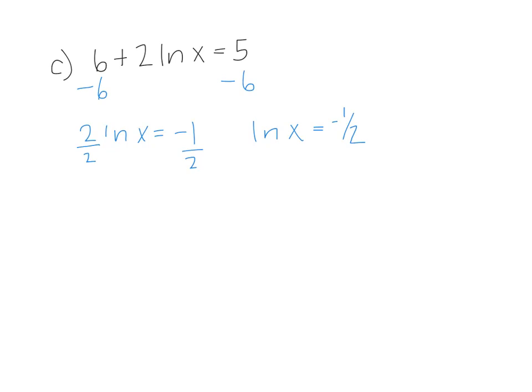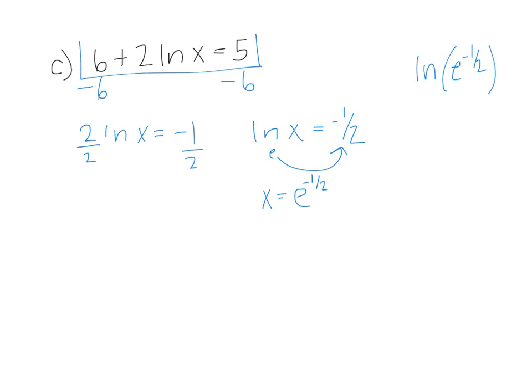Now it is okay that it equals a negative 1/2 because remember that a logarithm represents the power. Now my base on this ln is e, so I'm going to hook that around. So x is going to equal e to the negative 1/2 power. If I plug that back into my original equation, ln of e to the negative 1/2, that is okay because it's a positive number.